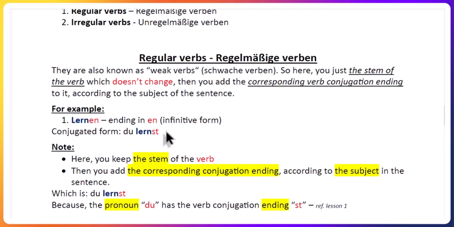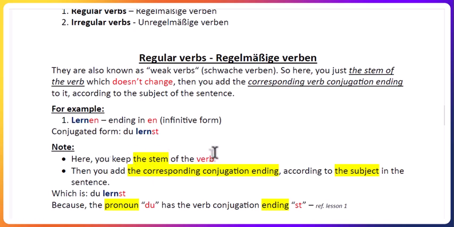So we should note that you keep the stem of the verb for regular verbs. They are weak because the stem doesn't change. Only irregular verbs change the stem.